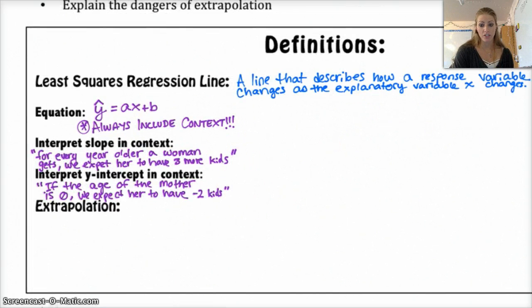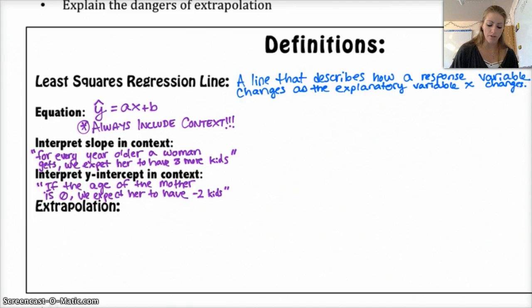Okay, extrapolation kind of addresses that issue. So extrapolation is basically predicting a response variable for something that's significantly outside the range of x values that you have.